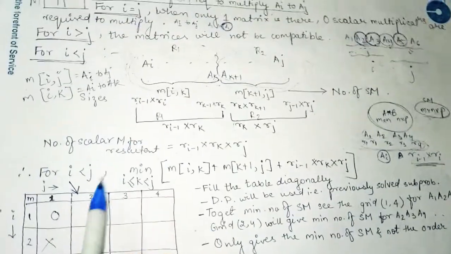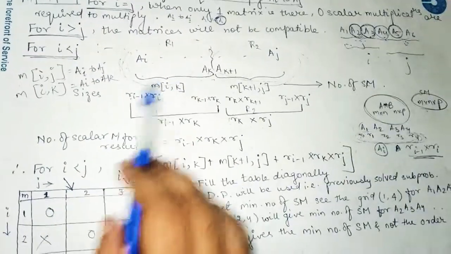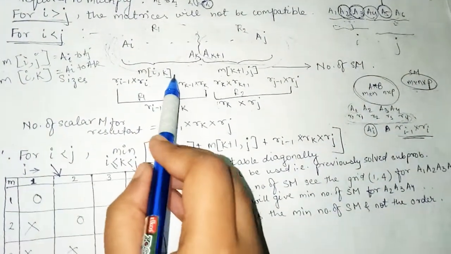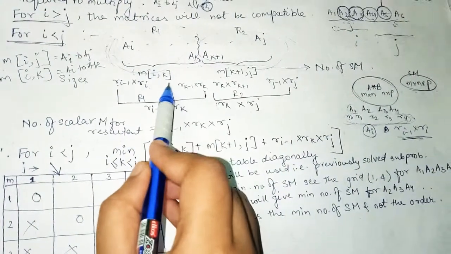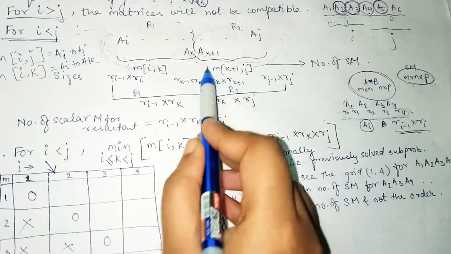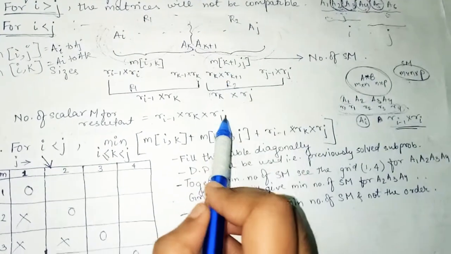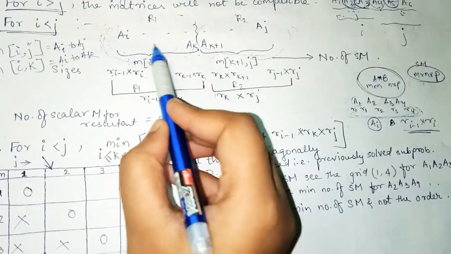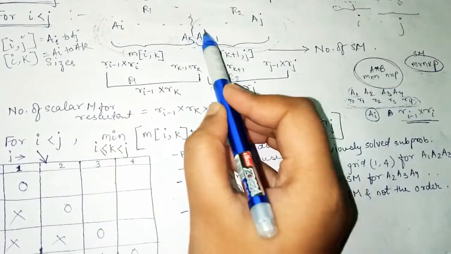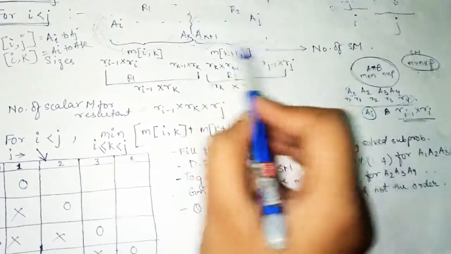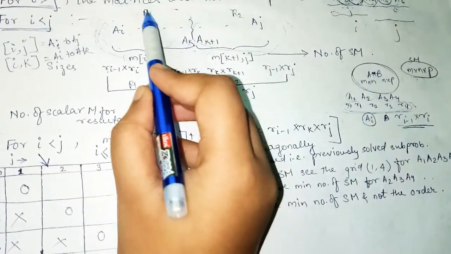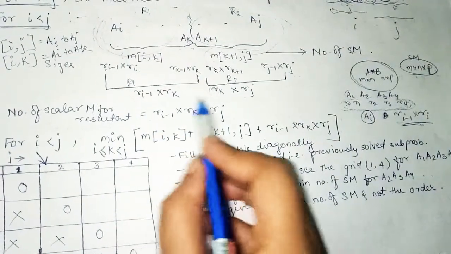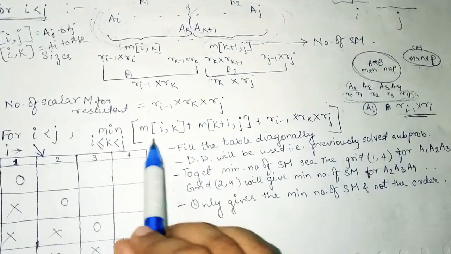For summing up the whole thing, for i less than j, we need this number of scalar multiplications plus this number plus this number. We multiply these all within themselves, these all within themselves, and then ultimately these two result into two matrices, and for them we require this number of scalar multiplications.